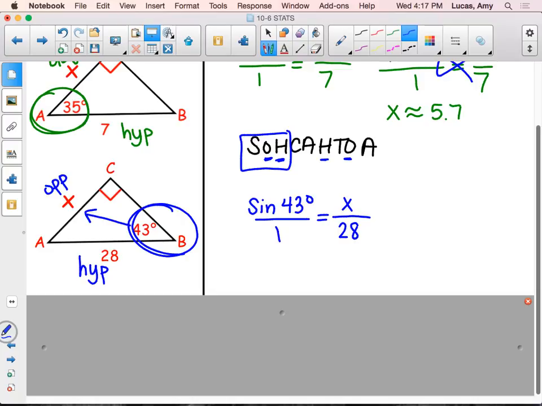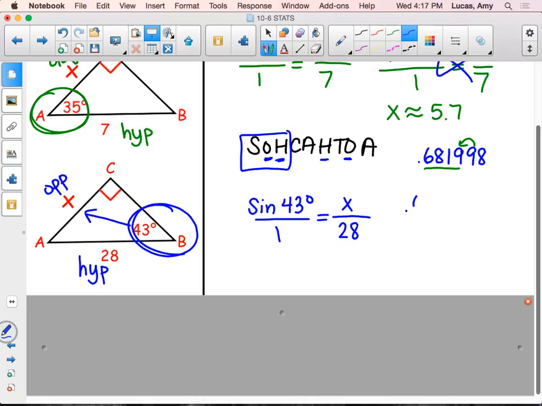Sine 43 on my calculator, 0.681998. Okay, take a look at this. 4 digits. The 5th one would round it up. So if I round up a 9, it turns into a 10. So that actually rounds up the 1.